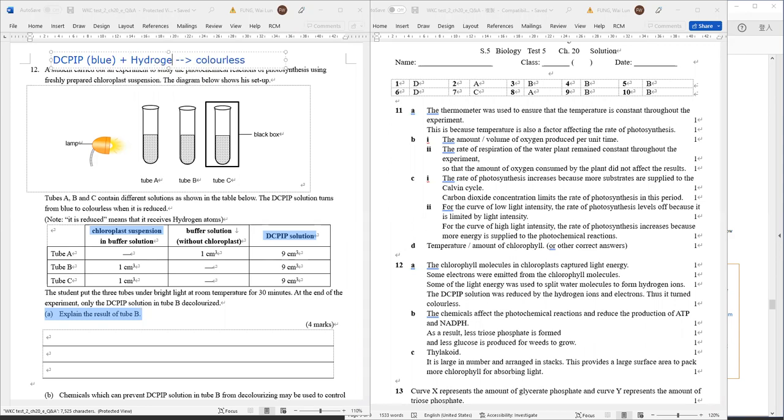Okay, H means hydrogen. So, in part A, what's the problem? There's no chloroplast. In part C, the problem is that there is no light.